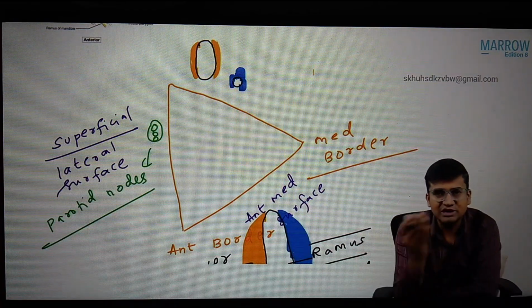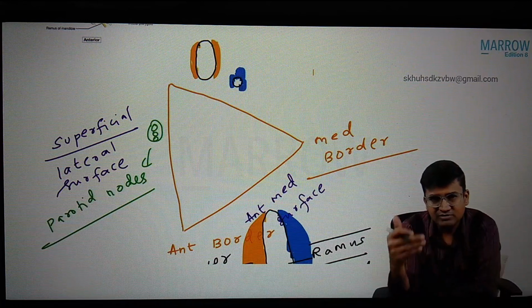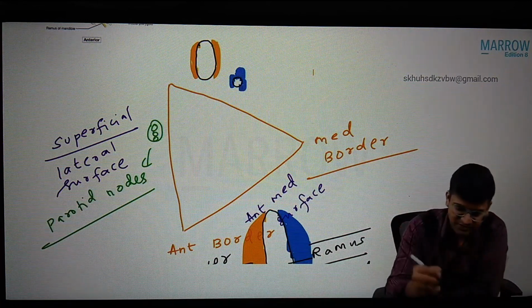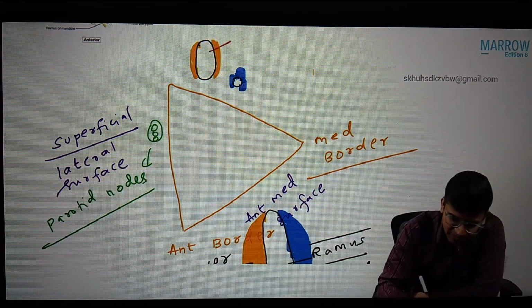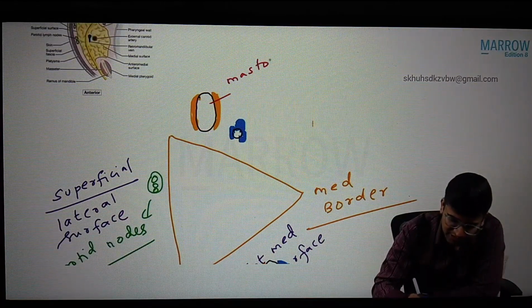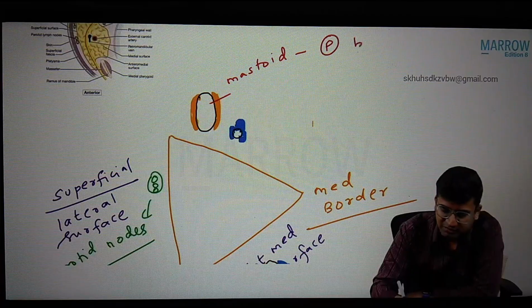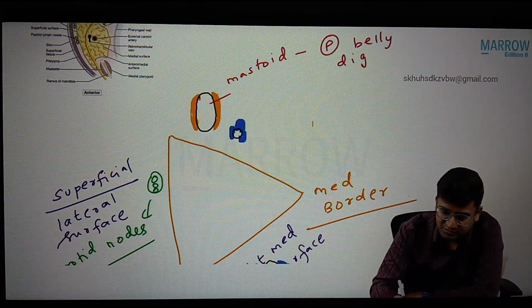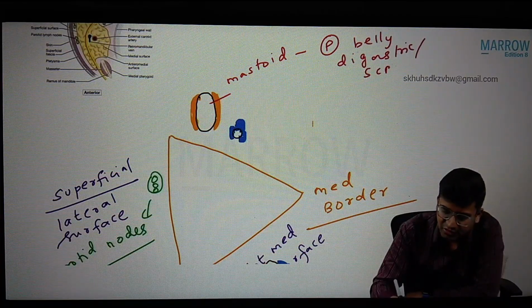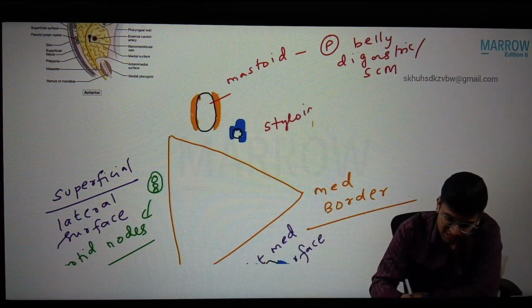From styloid to the tongue, styloglossus. From styloid to the hyoid bone, stylohyoid. From styloid to pharynx, stylopharyngeus muscle. So this is the mastoid process, with posterior belly of digastric and sternocleidomastoid muscle attached. And this is the styloid process.